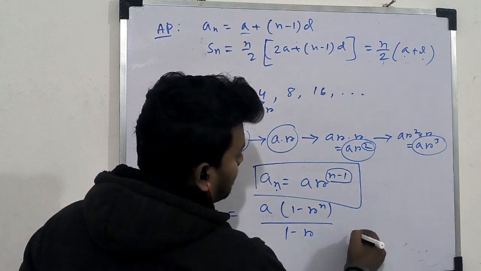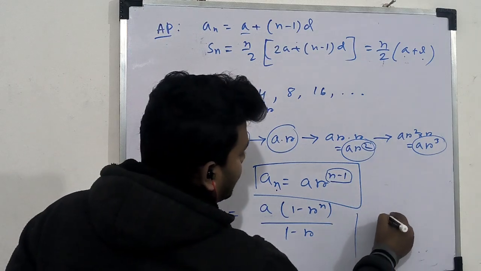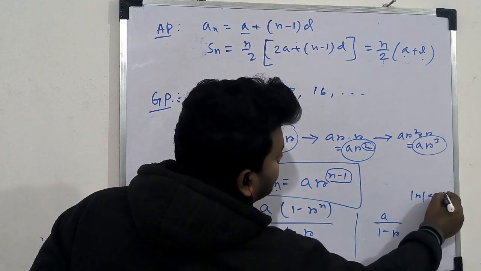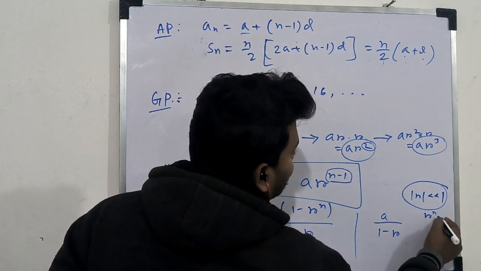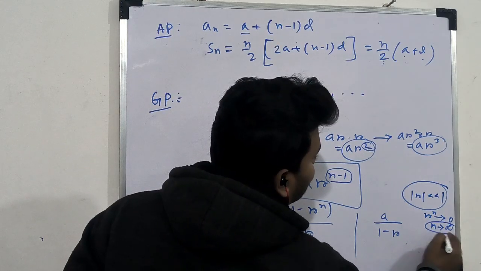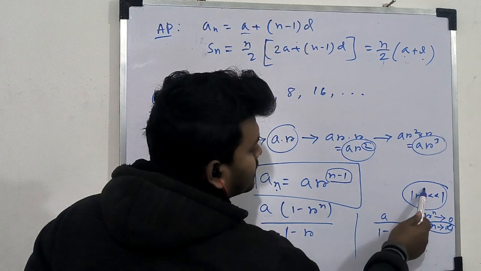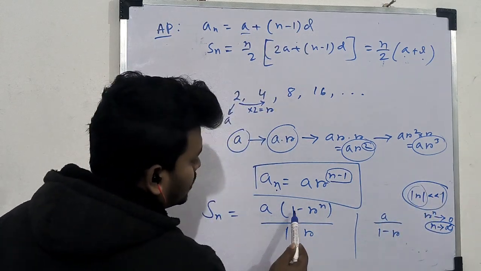Okay? And this will be a divided by 1 minus r, when modulus r is very much less than 1. So in that case, this r to the power n will be 0 as n approaches infinity. So whenever n is bigger than any number and r is very small compared to 1, then this term will be 0, therefore a into 1 over 1 minus r.